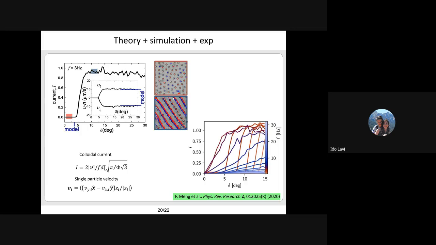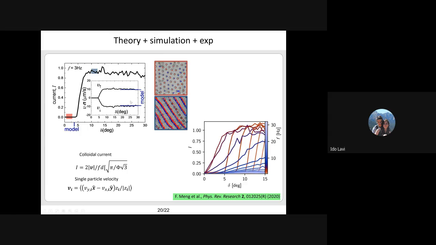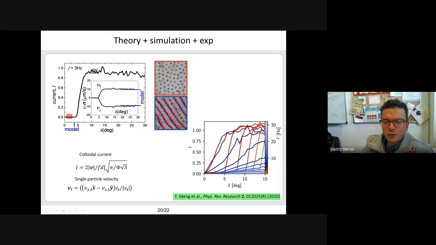I did not see any dependence on the tilt, but there must be some kind of dependence, no? For the model, because the speed goes to 0 when the tilt is 0. So is it like a first order transition there? Ido, let me tell you something. First of all, this is from simulation.